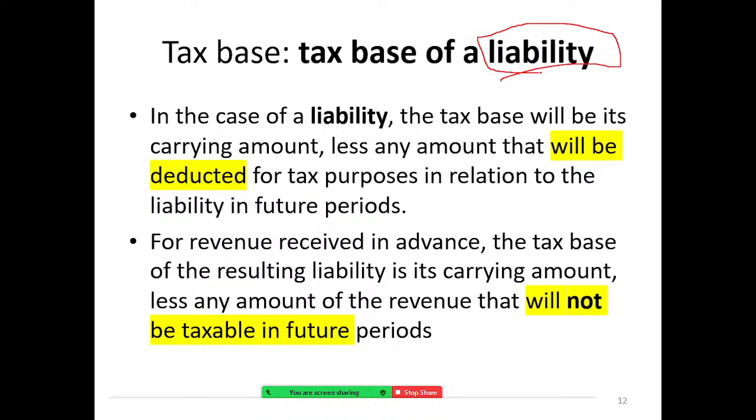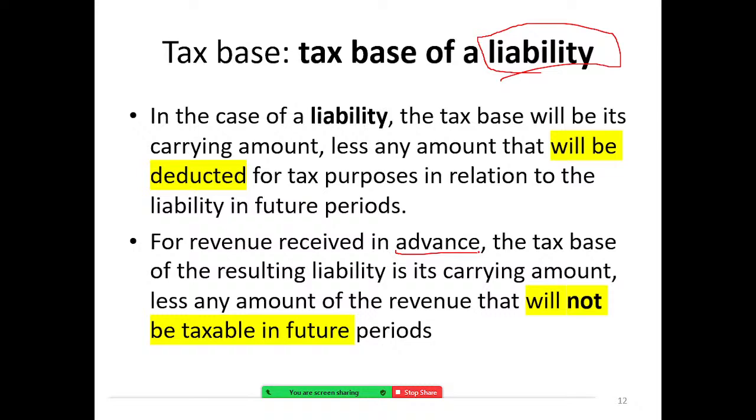For revenue received in advance, so this is another circumstance. The tax base of the resulting liability is its carrying amount minus any amount of the revenue that will not be taxable in the future period.